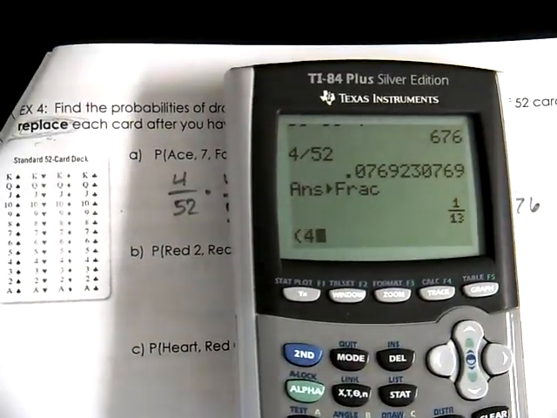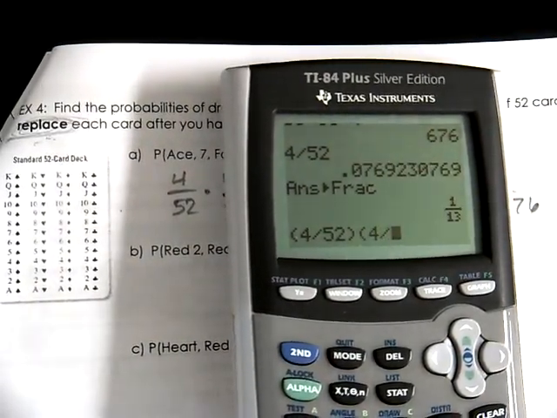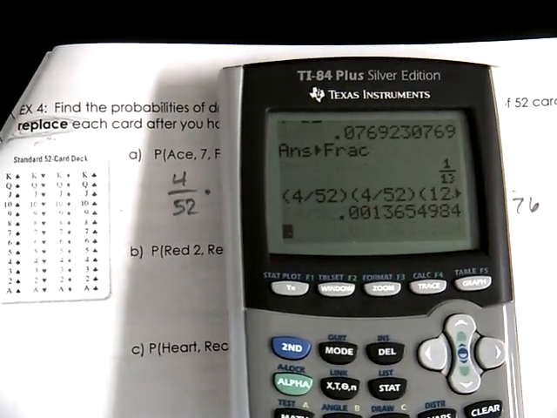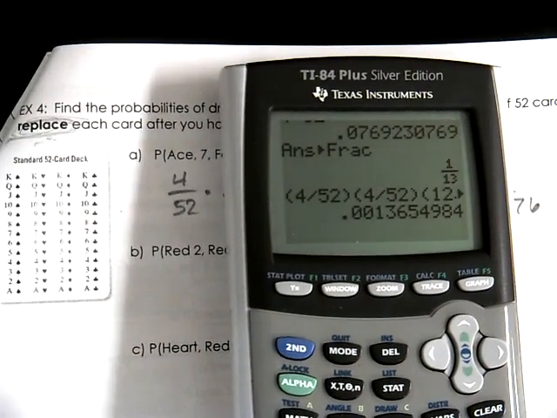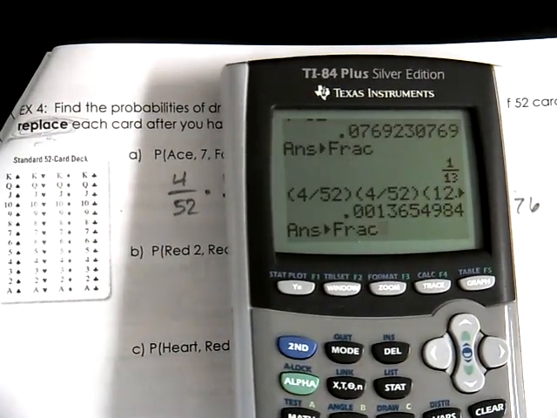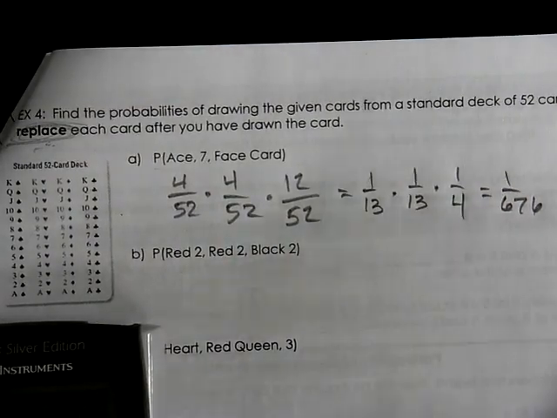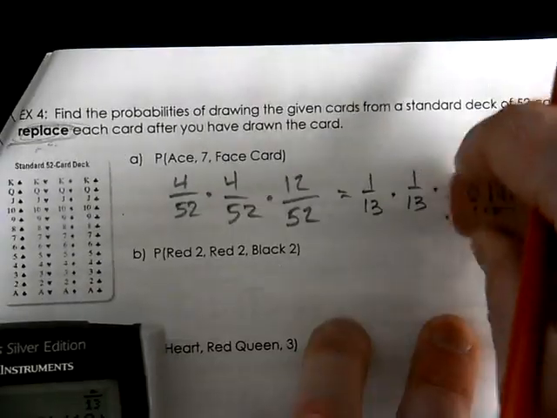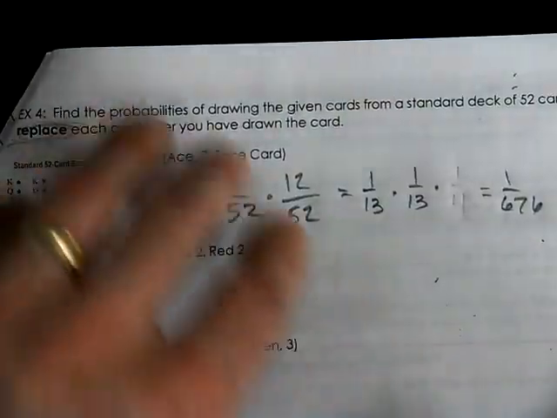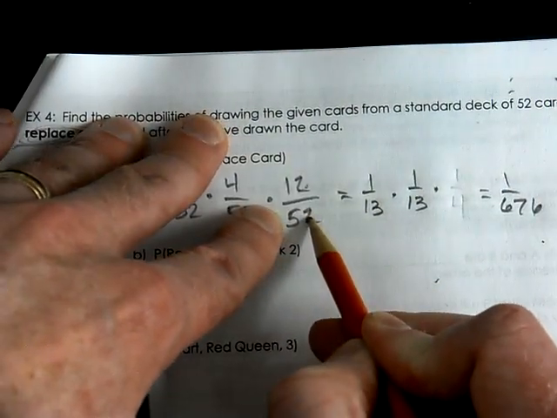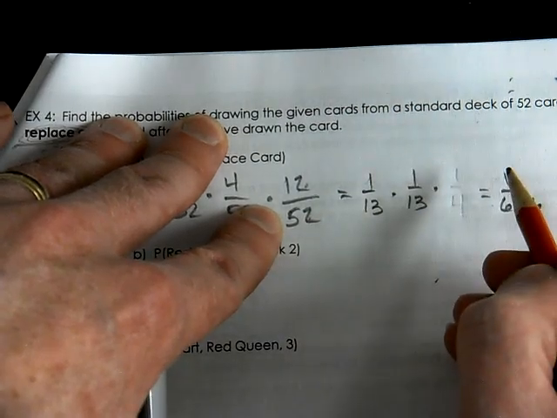Here, we can do it the longer way. I'll show you. We have 4 out of 52, 4 out of 52, and 12 out of 52. You're going to get a crazy decimal. And we can simplify that fraction. Oh, I'm sorry. It's not 1/4, is it? Sorry, nobody said anything. 6 and 26, 3 and 13.